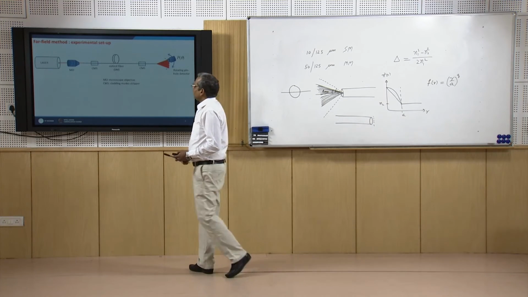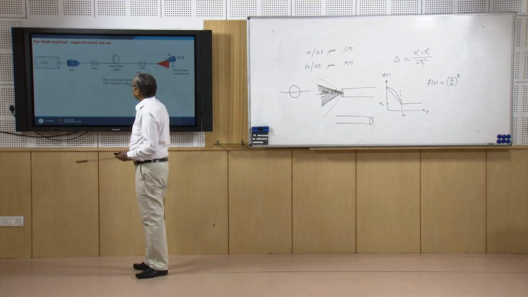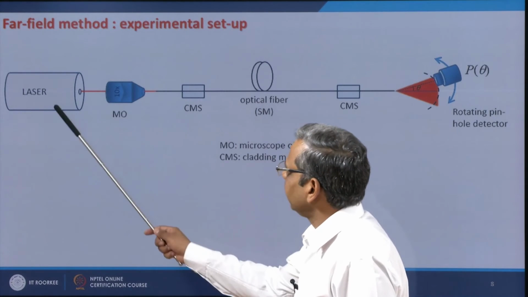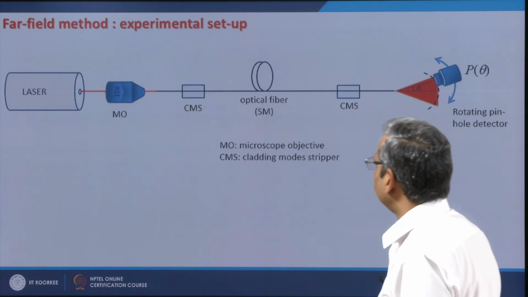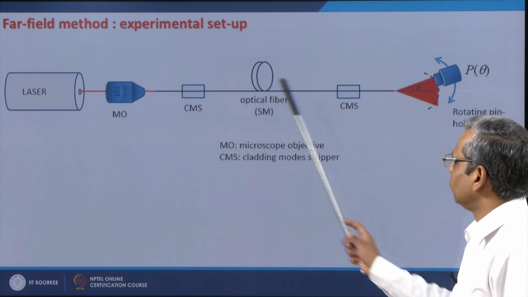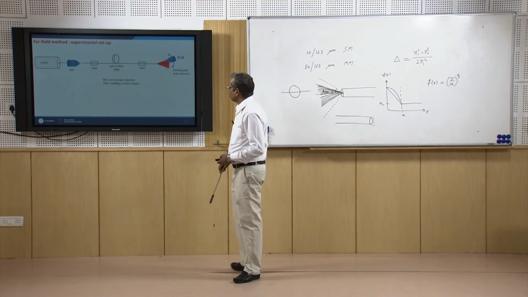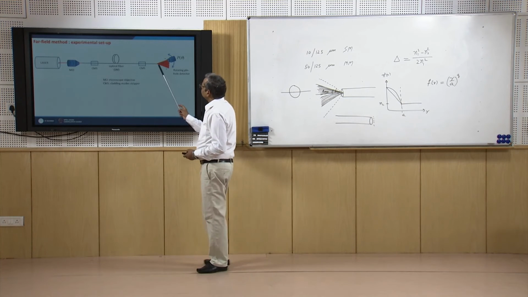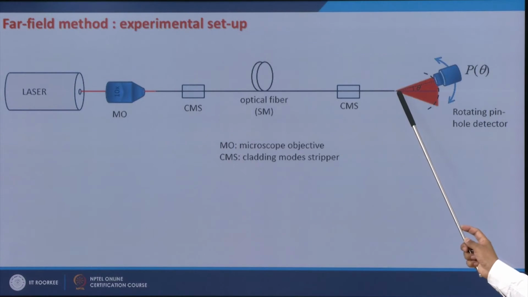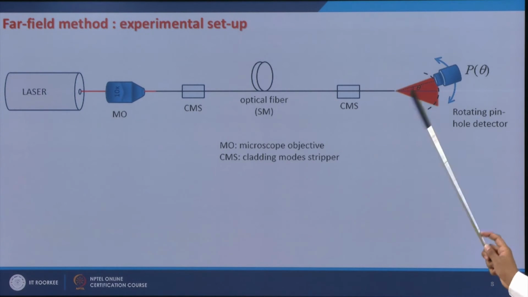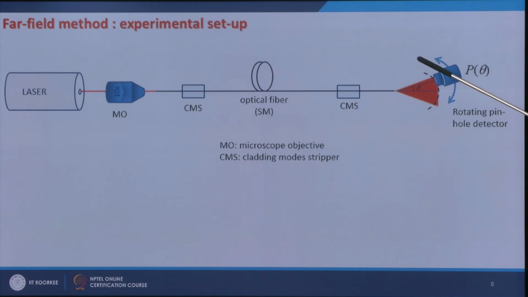So, for that I take a single mode fiber and launch laser light into it using a microscope objective. Again I use cladding mode strippers to strip off whatever light might go into the cladding modes, and then I let the light come out and propagate over a small distance from the fiber, and then I scan the intensity at different angles using a rotating pinhole detector.